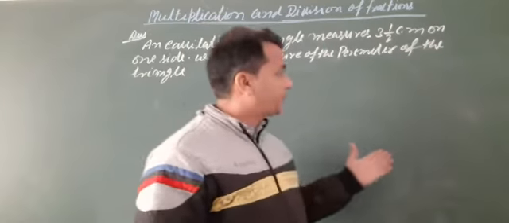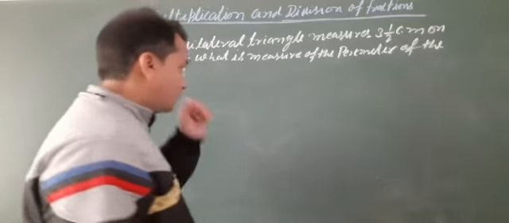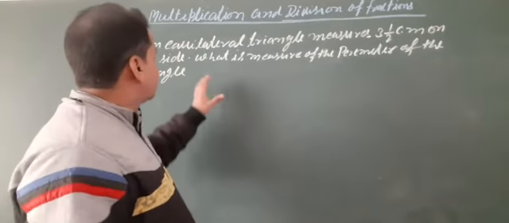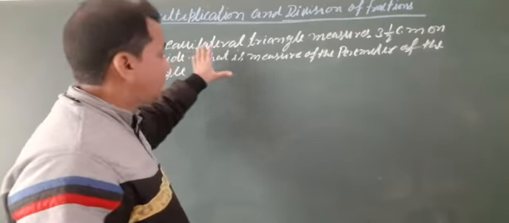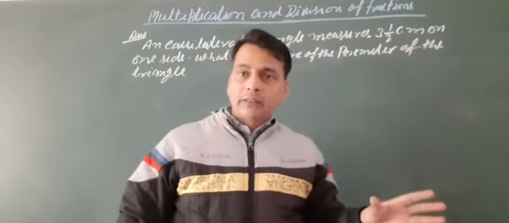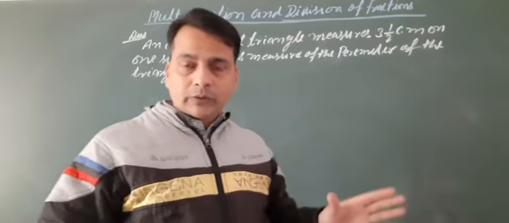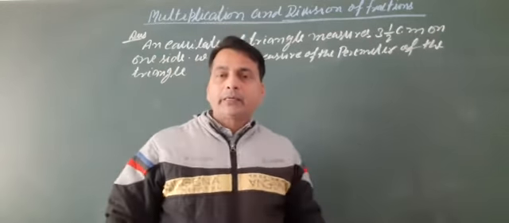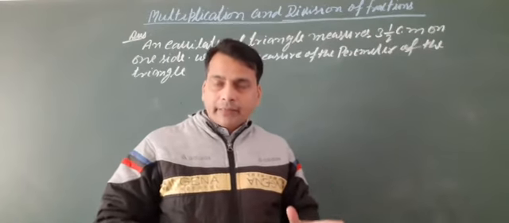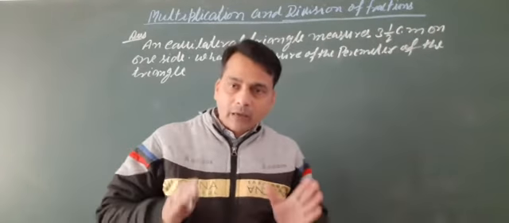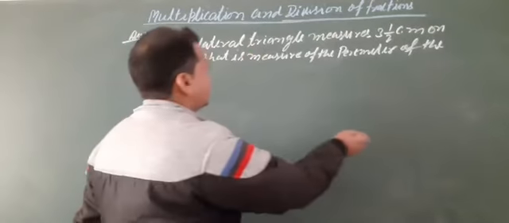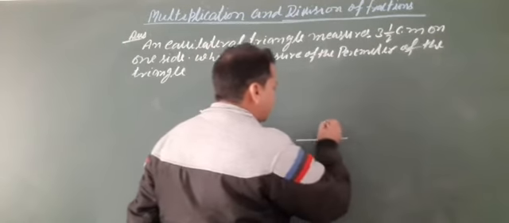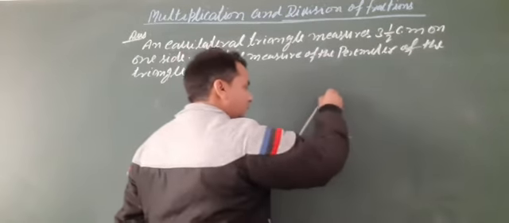What is the measure of the perimeter of the triangle? So the triangle is an equilateral triangle. As you know, equilateral triangle means the triangle having the same sides, that is, all sides are equal.